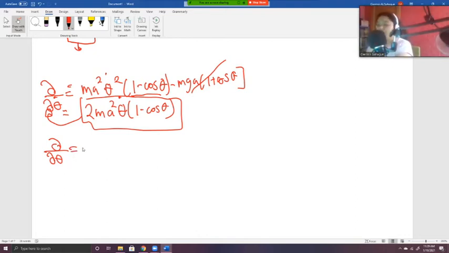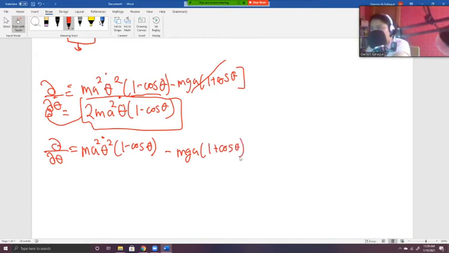So that would be the partial derivative with respect to theta of ma squared theta dot squared 2 1 cosine minus mga(1 plus cos). So, this one will be treated as a constant, right?